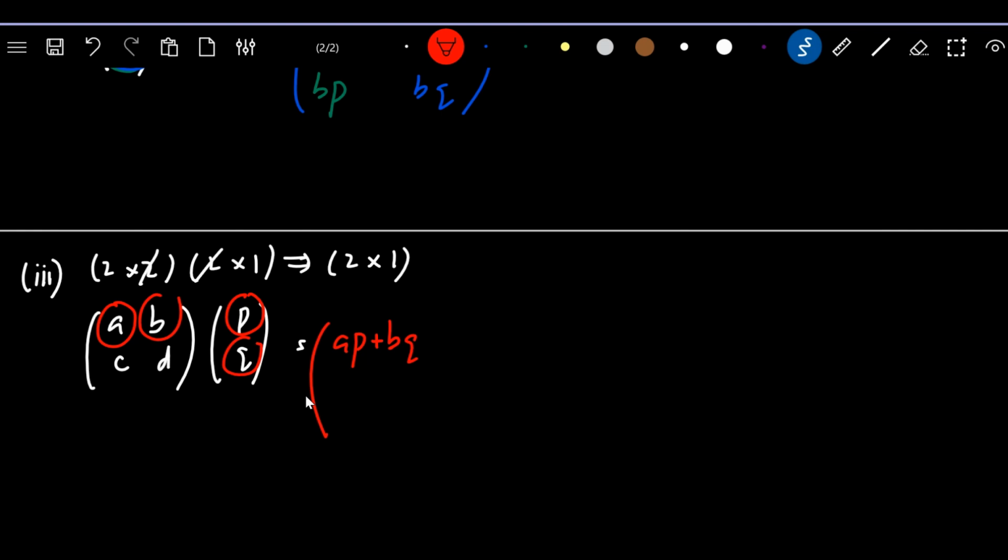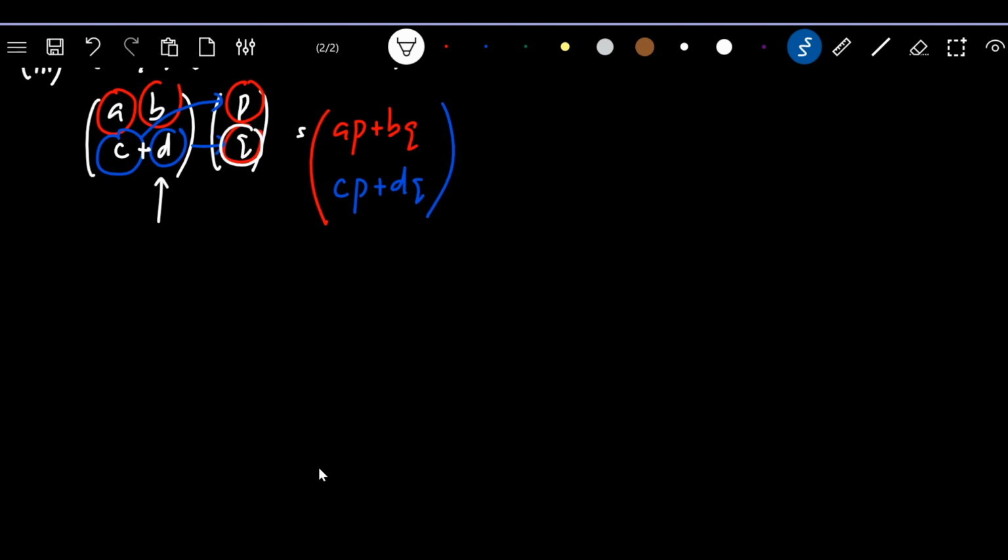This one is number 1, and then you need to look for this one, C times P plus D times Q, because you have a right column beside C, so you need to add D times the lower entry of the P.